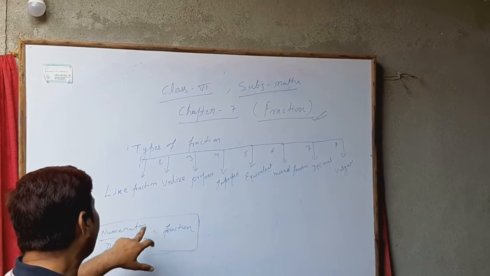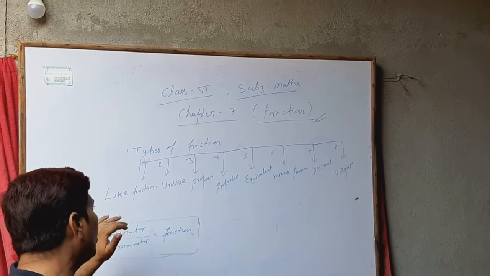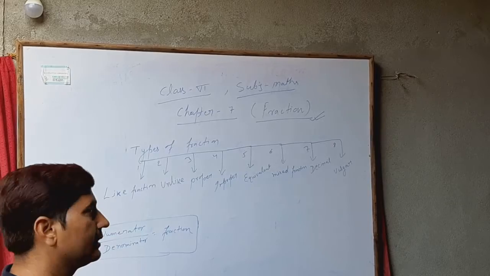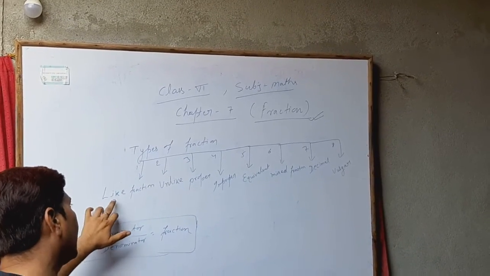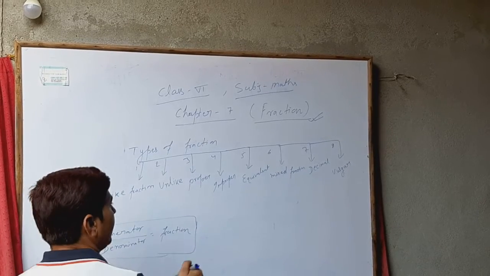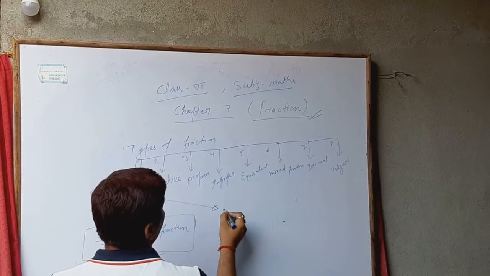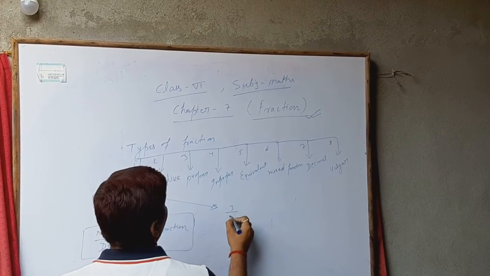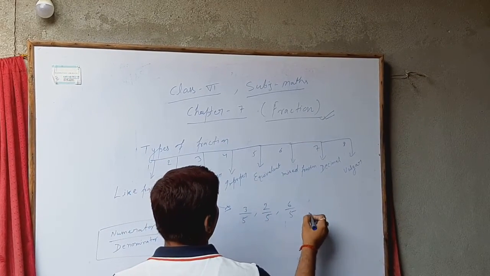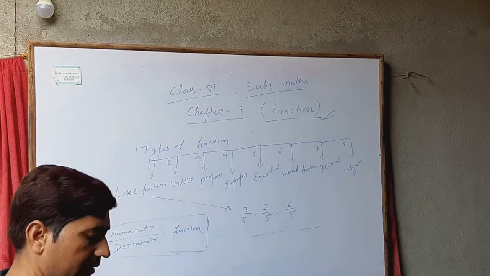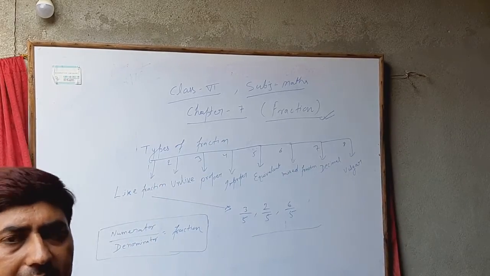Like fraction, a fraction whose denominators are same, that is the like fraction. जैसे देख लेंगे 3/5, 2/5, 6/5. These are the like fractions. Okay. Now we will discuss next class.